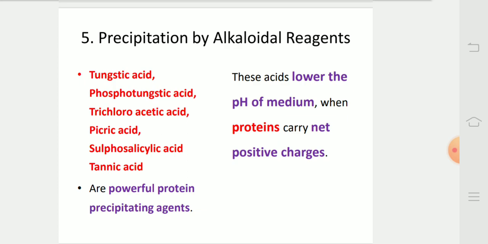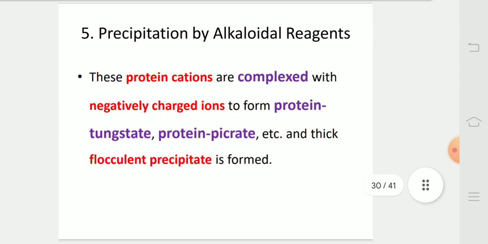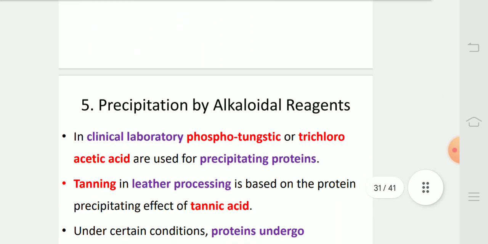These acids lower the pH of the medium so that proteins carry a net positive charge. These protein cations are complexed with negatively charged ions to form protein tungstate, protein picrate, etc., and a thick flocculent precipitate is formed.